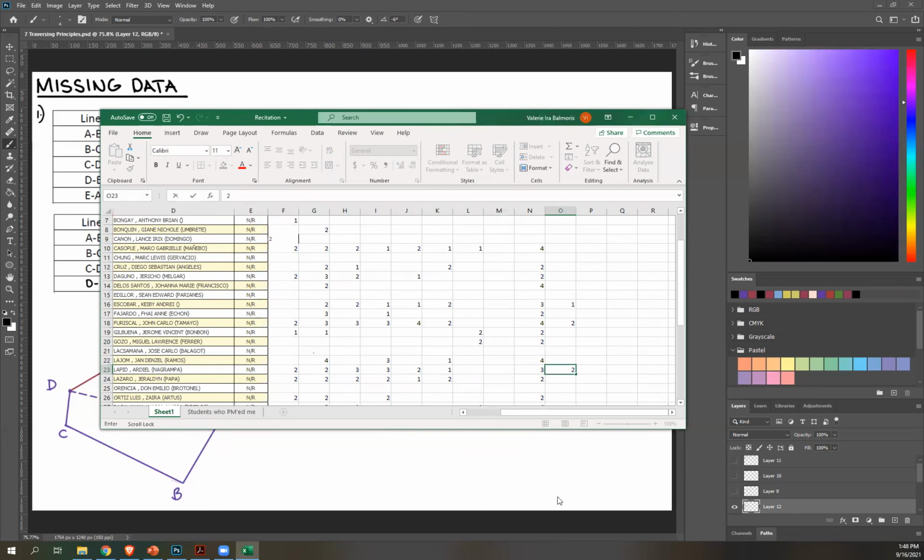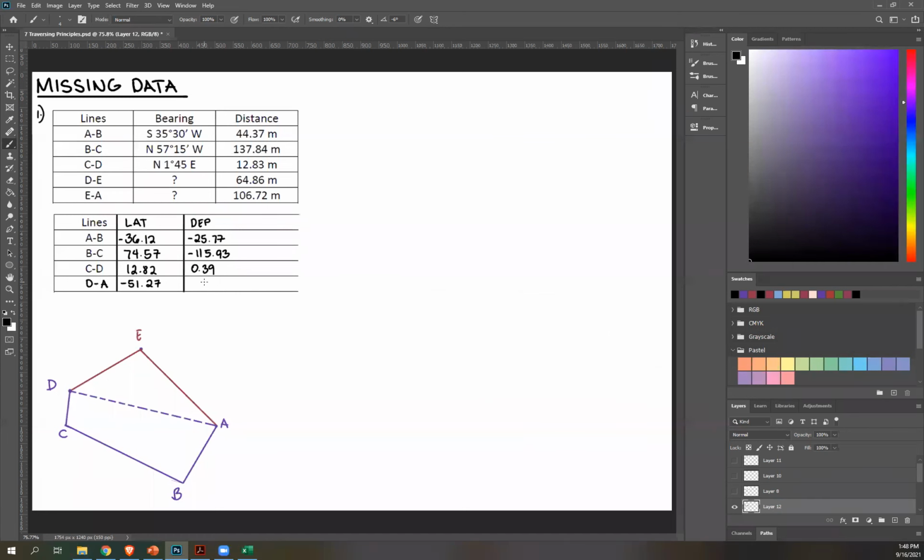Okay, so once again, to get the departure of DA, that's just taking the summation of this, which is negative 141.30. And again, I need the summation of departure to equal 0. So this would be positive 141.30. And so that's the latitude and departure of DA.